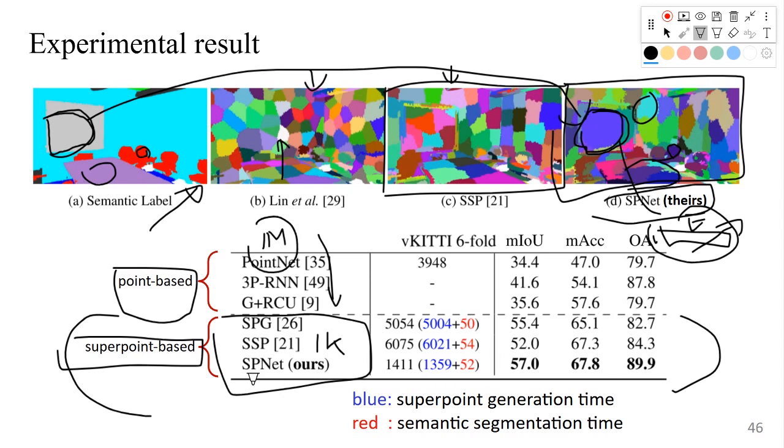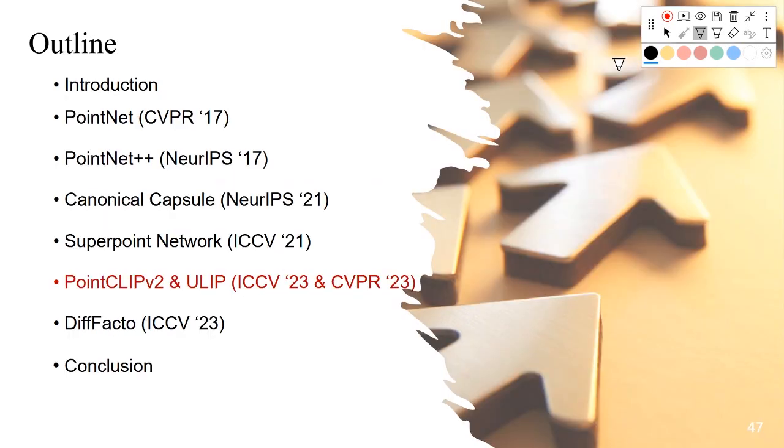As we can see here, this paper, SPNet, achieves the highest performance in terms of IOU and overall accuracy. Yeah, so I think that's it for this work, and see you in the next video.